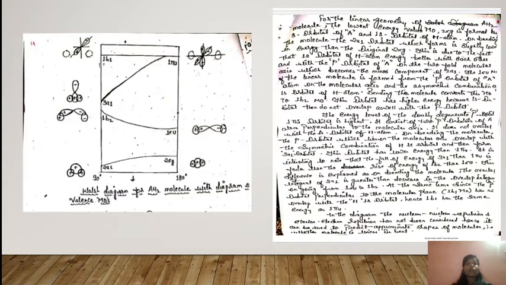So on bending the molecule, the 2a1 orbital is formed. By bending from 180 degrees to 90 degrees, some amount of energy is released, and a new molecular orbital is formed, denoted by 2a1.